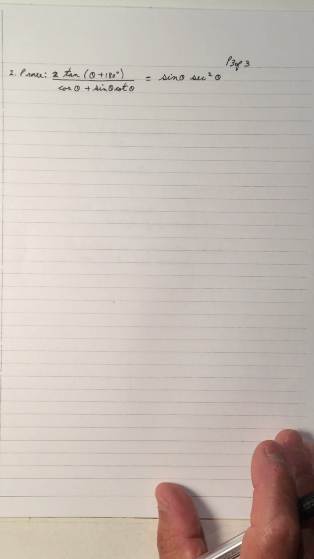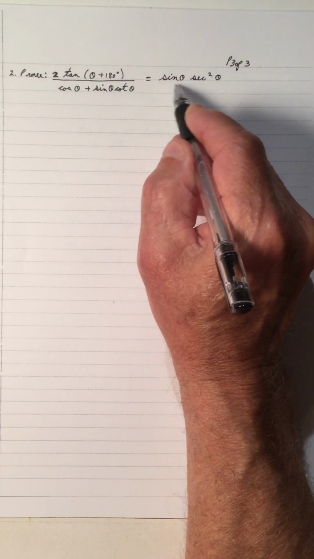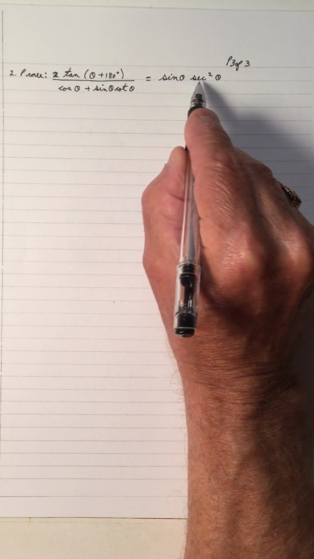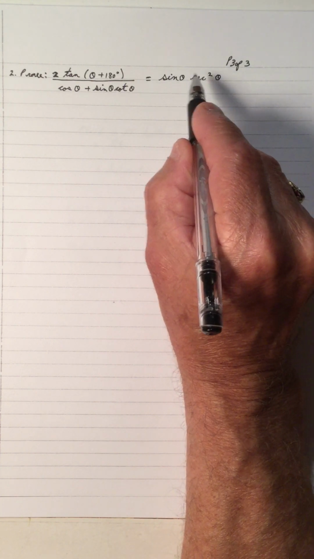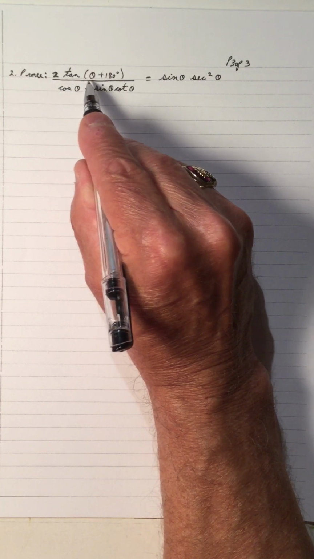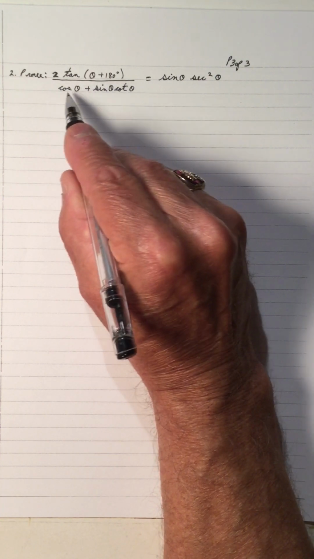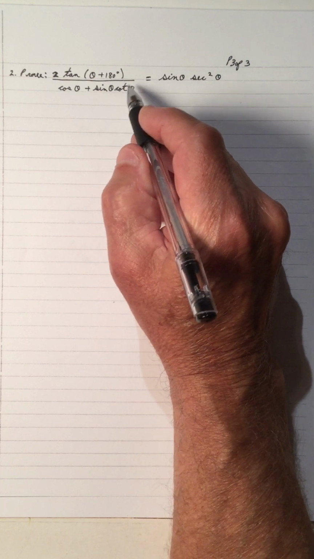Now, this time we have an identity, but we have the left side is 2 tan theta plus 180 over cos theta plus sine theta cot theta, and we have the right side as sine times secant squared.